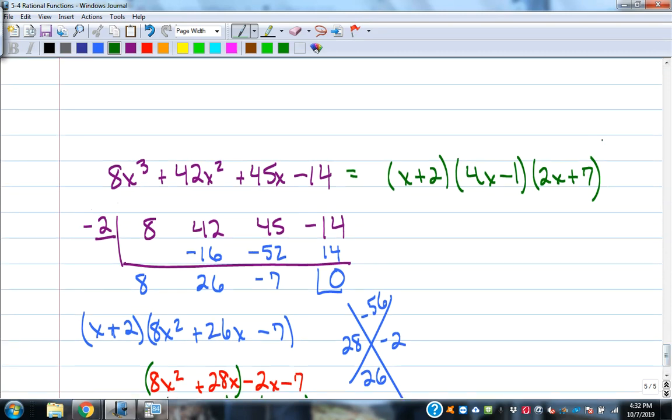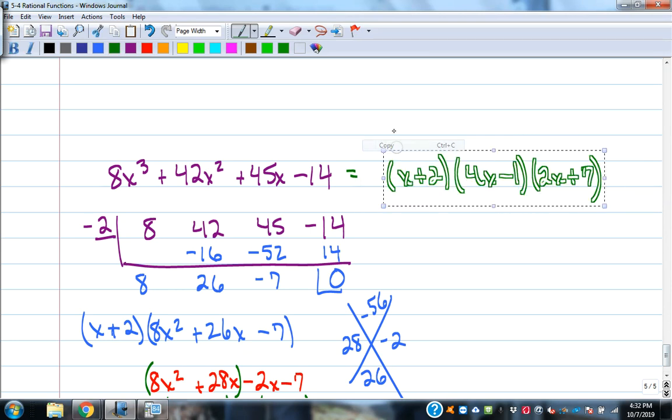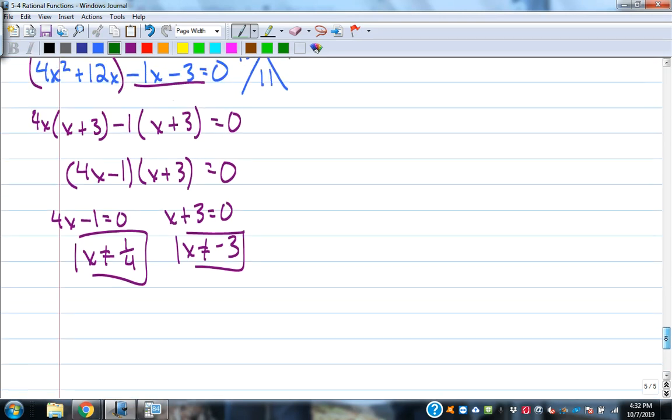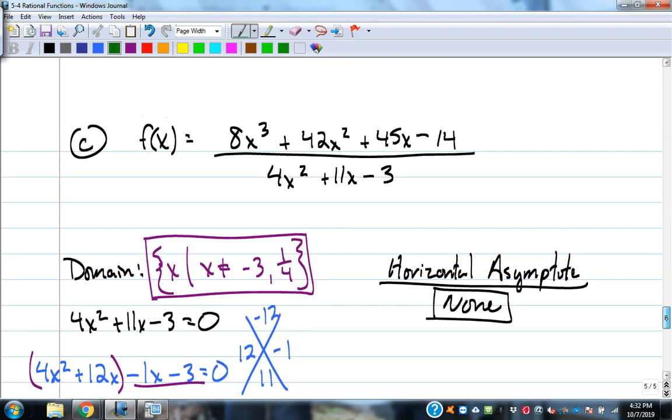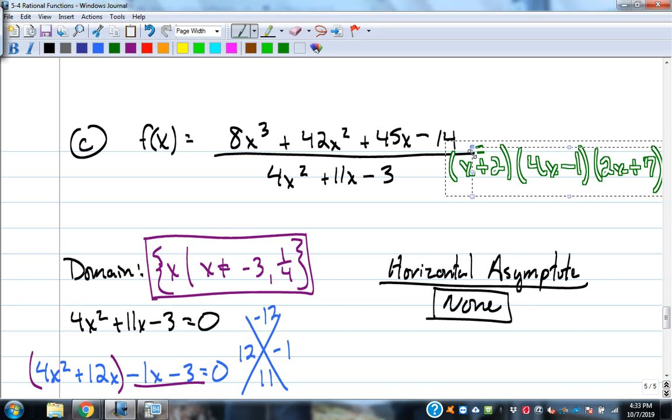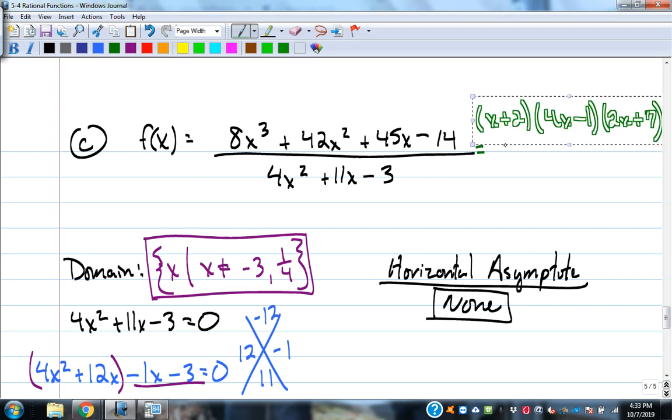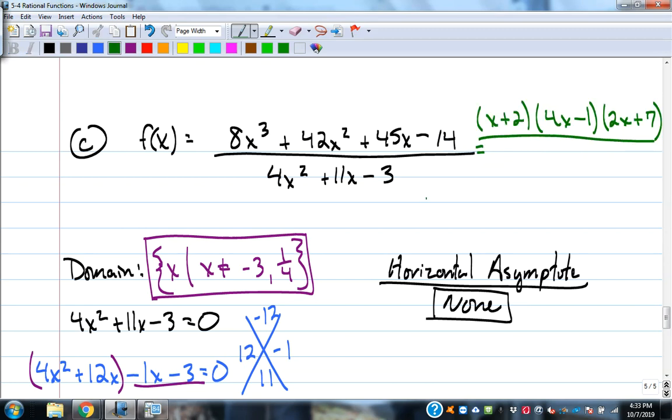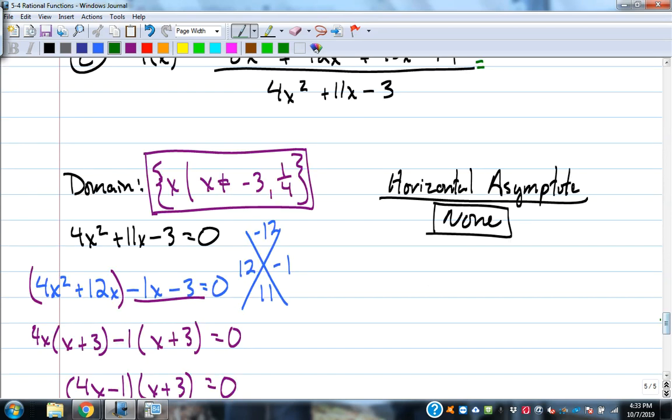So this factored form that we've got right here is the numerator for this big polynomial up here. Shrink that down a little bit. And the denominator is the factored form 4x minus 1 and x plus 3.